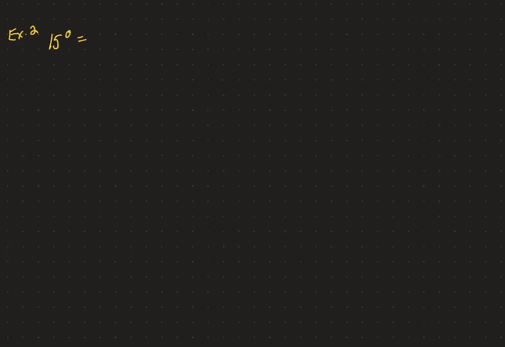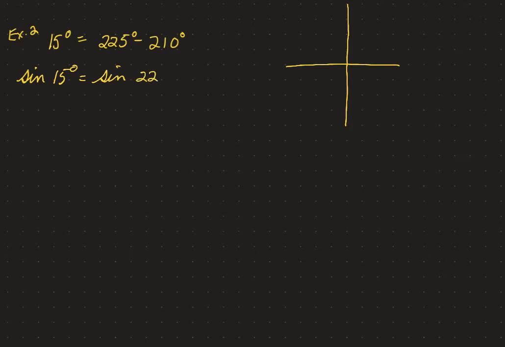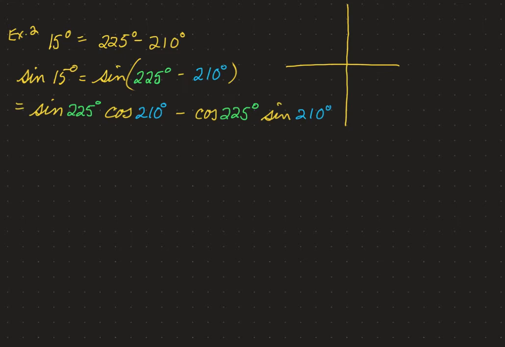Since 15 degrees equals 225 degrees minus 210 degrees, we could express the sine of 15 degrees as the sine of 225 degrees minus 210 degrees. In other words, the difference between those two angles. We have a formula for that. So there's the formula in all of its glory. That is the formula for the sine of the difference between two angles.